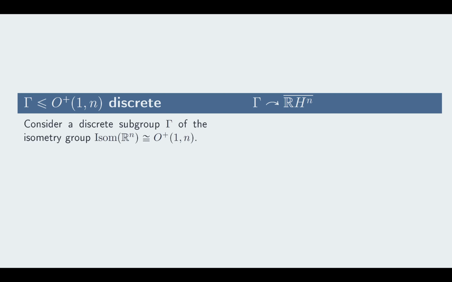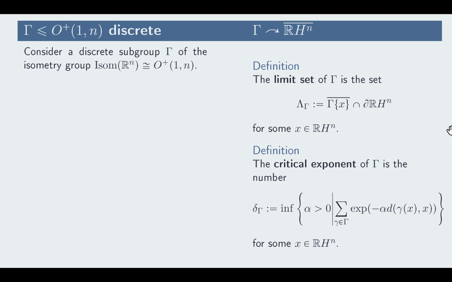If I consider a discrete subgroup, it now acts on the entire compactification. And now we can consider objects related to the boundary. So I can define the limit set. If gamma is finite, then this doesn't make any sense. But if gamma is an infinite discrete subgroup, then I can consider its orbit in the compactification of RH^n.